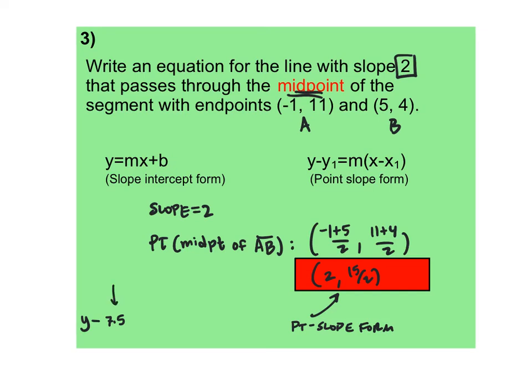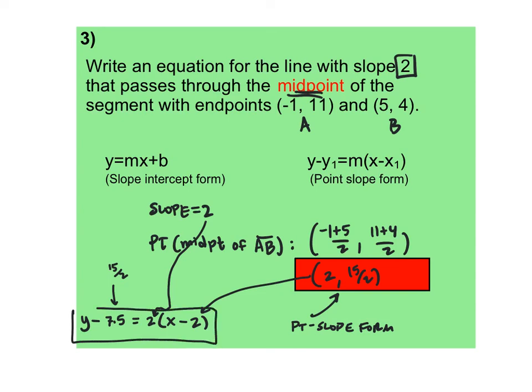Remember, the 7.5 came from this 15/2, is equal to the slope times x minus the x value. The x value here is 2, right? This slope is right there. And there you have it. That is the equation of the line that has a slope of 2 and passes through the midpoint of segment AB. All right, one more slide, guys.